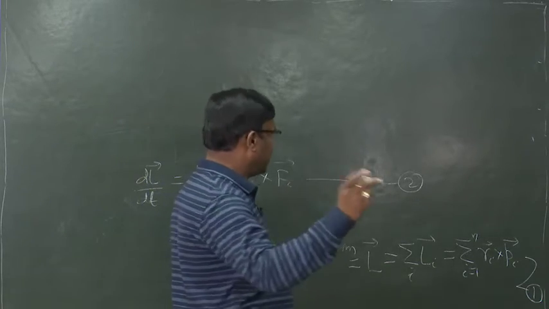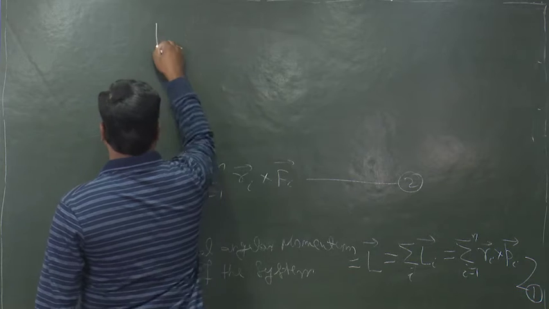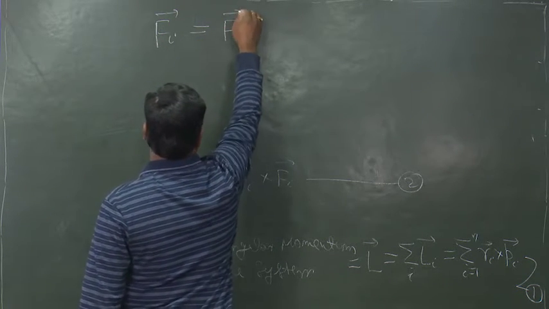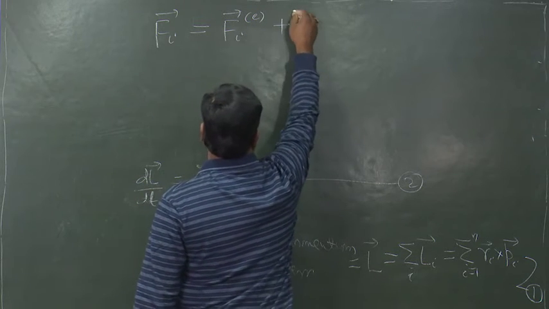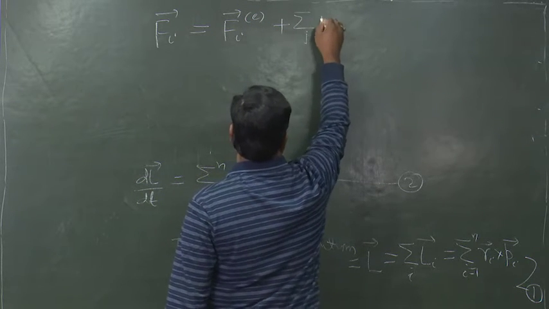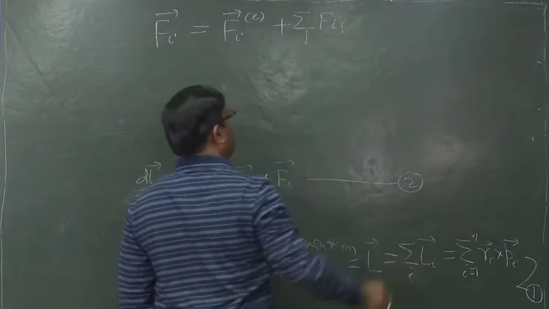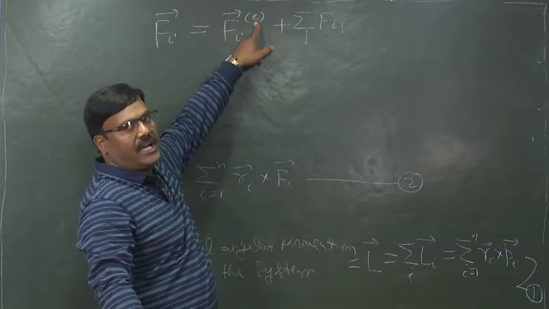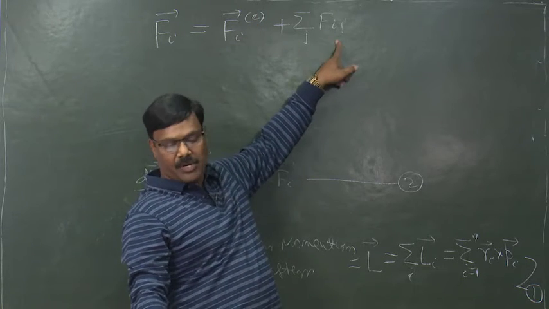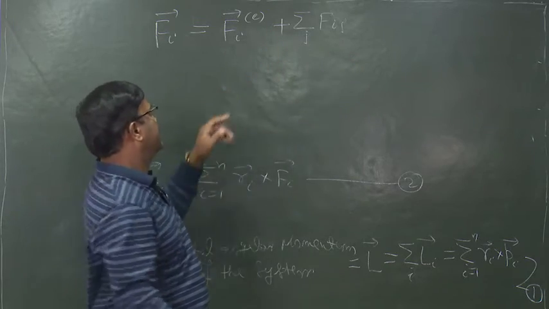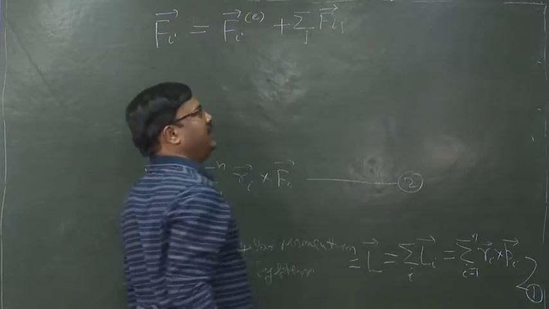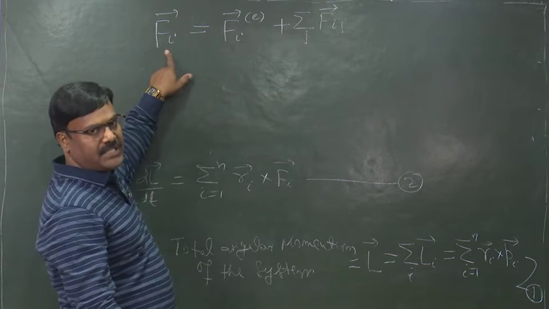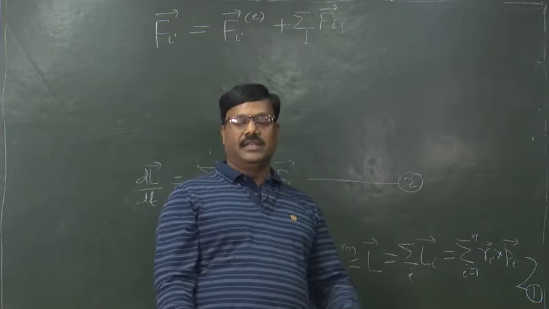So, we can write Fi as Fi external plus the sum over j of Fij, where Fi external stands for the external force acting on the ith particle, and the sum of Fij is the sum of the internal forces acting on the ith particle, and here Fi represents the total force on the ith particle.